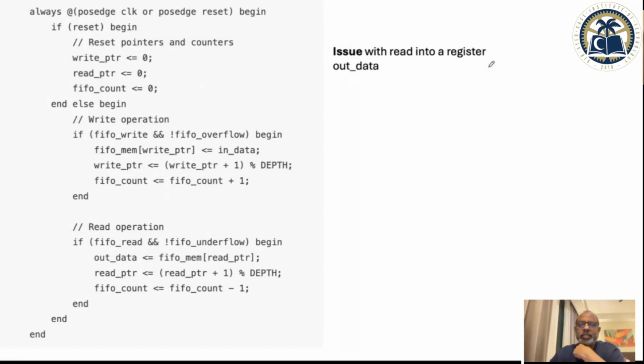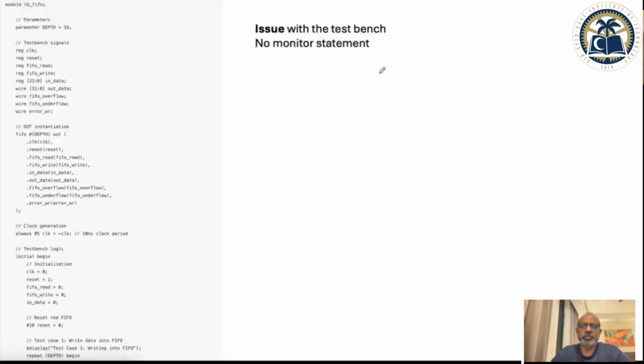And then this was the last thing. The issue was with read into, I don't want to read my output value into a register. This particular out data is going into a register from memory, and I don't want to do that. I first developed the test bench, but the test bench has no monitor statement.